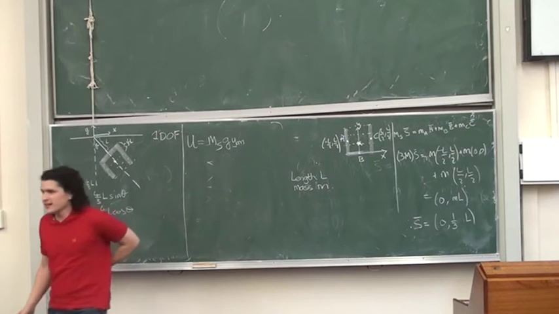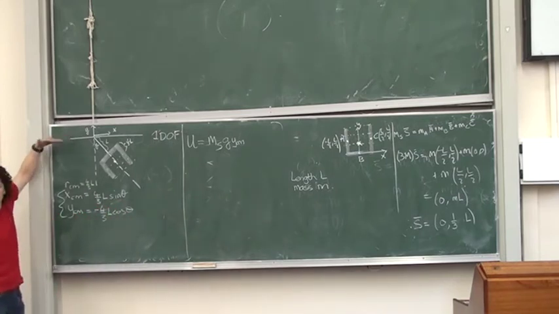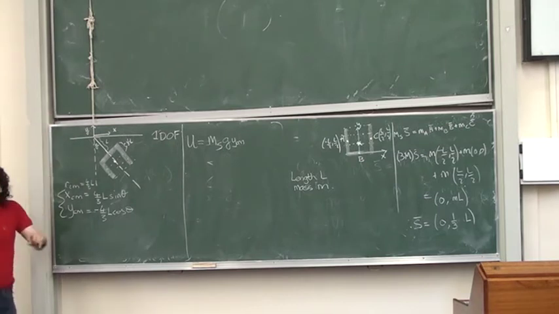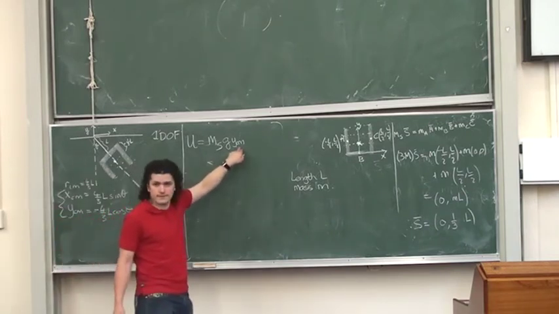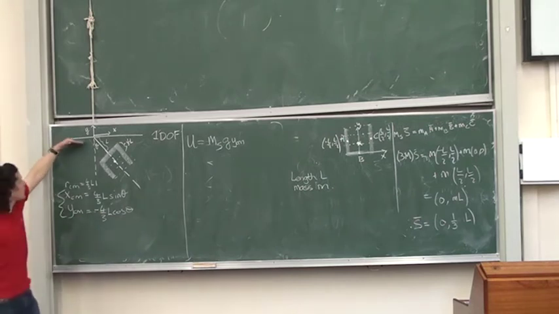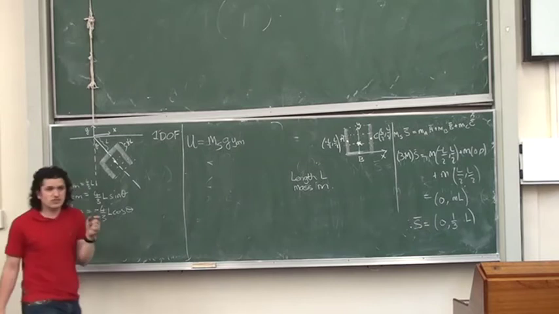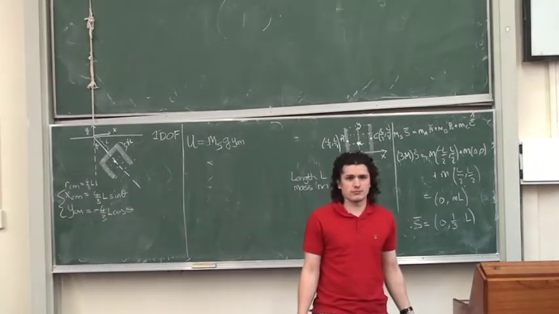The point is that I've chosen a reference position, a reference height, where I drew this line. And the distance above or below that reference height is the thing that I need to put over here. In my case, the y-coordinate, which increases when I go up and decreases when I go down. It's very important that your potential energy should increase when you go up and decrease when you go down.